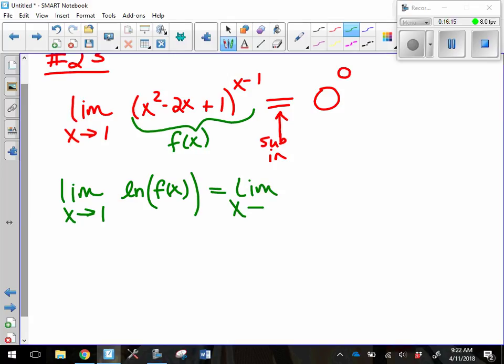So this is going to be the limit as x goes to 1 of the natural log of x squared minus 2x plus 1 to the x minus 1.